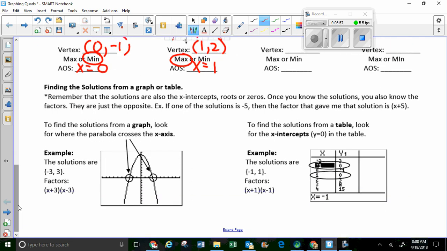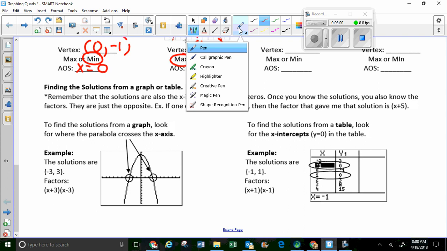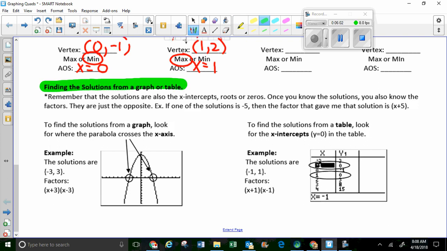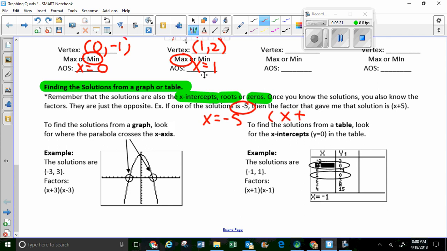All right, next we're going to talk about finding solutions from a graph or a table. Remember, the other words for solutions are x-intercepts, roots, and zeros. Once you know the solutions, you also know the factors, which are just the opposite. So if one of the solutions is -5, then the factor that gave me that solution would be x plus 5.